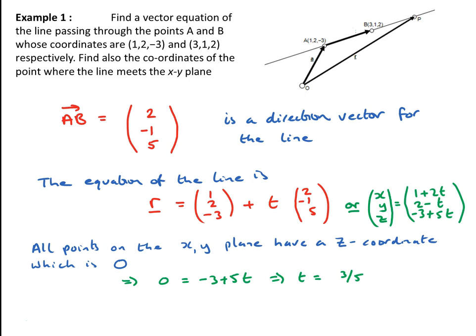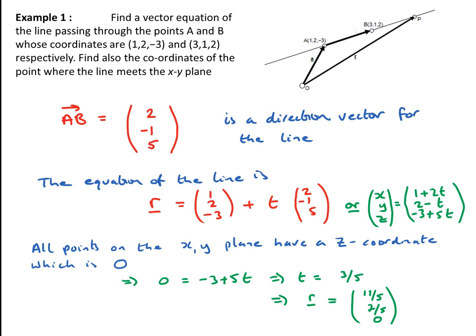And if t equals 3/5, then r, the position vector of the point, is 1 + 2t, so that's 1 + 2 times 3/5, which is 11/5. 2 - t, so that's 2 - 3/5, which is 7/5. And finally, -3 + 5t, which is -3 + 3, which is 0.